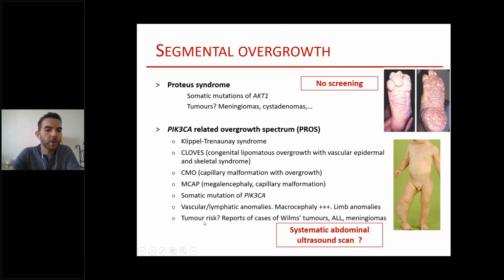The tumor risk is probably higher in this PROS condition because some cases of Wilms tumor, leukemia, or meningiomas have been reported. So the question about a systematic abdominal ultrasound scan has been raised for those patients.